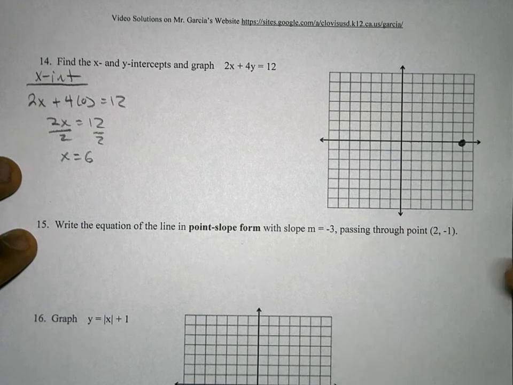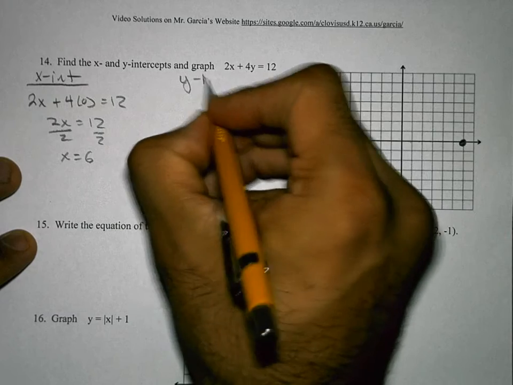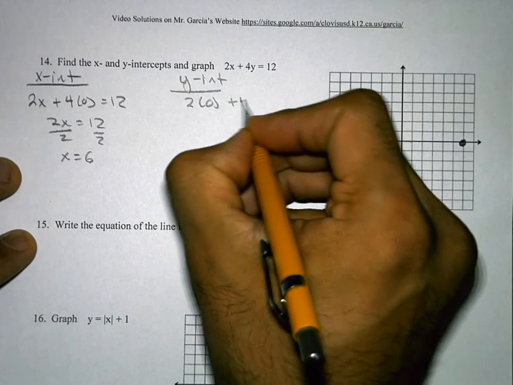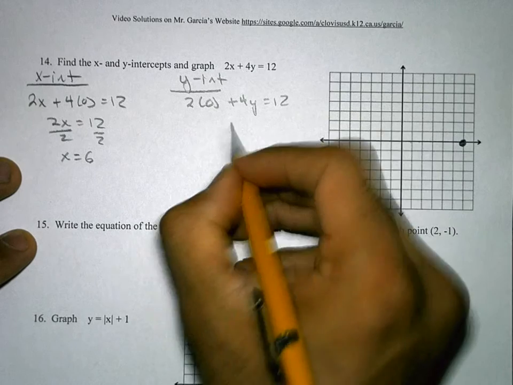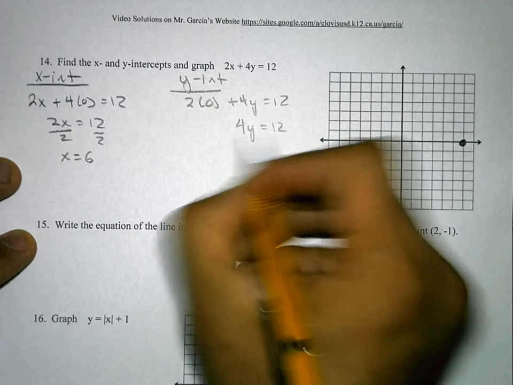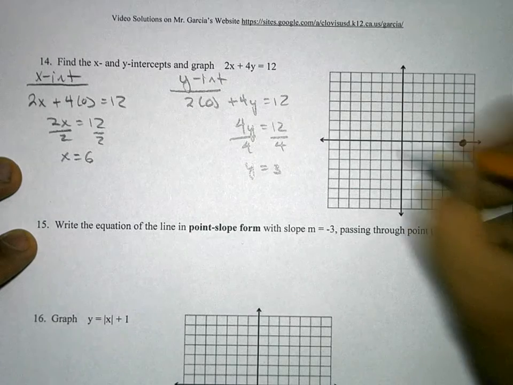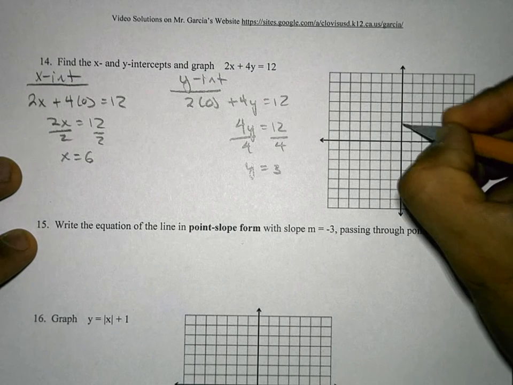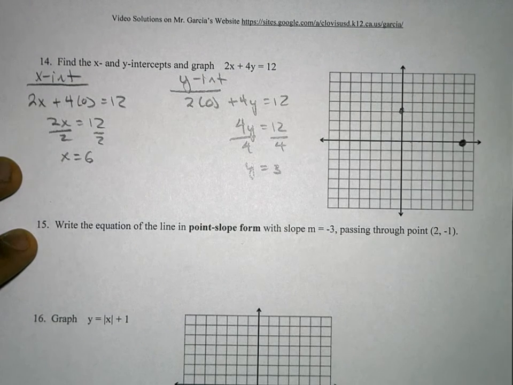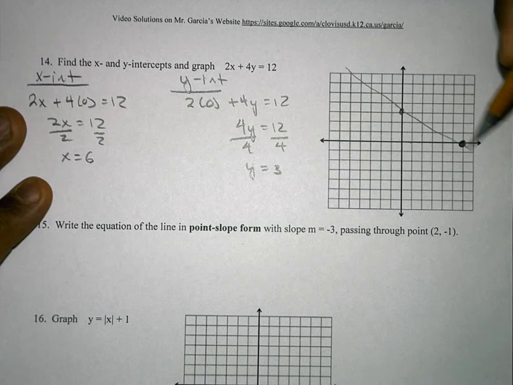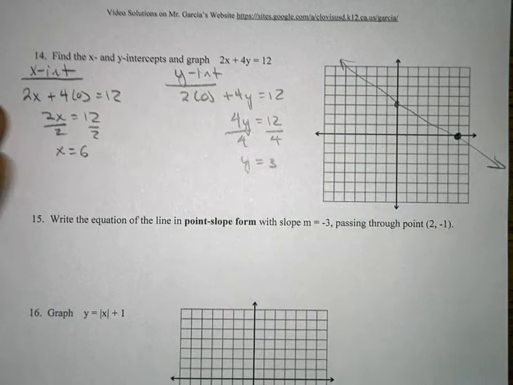There's 1 point. Then I'll find the y-intercept. That's when I make the x 0. All right, so I get y equals 3. Positive 3, sorry. 1, 2, and 3. Okay. And once I have my 2 points, that's all I need for a line.